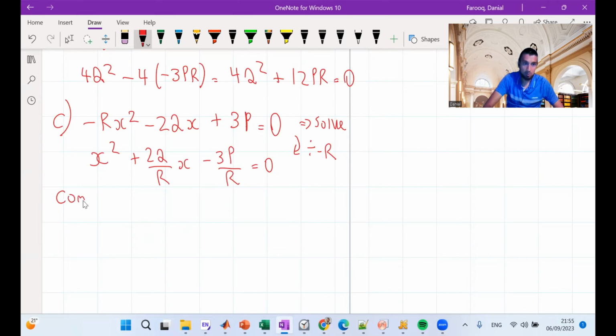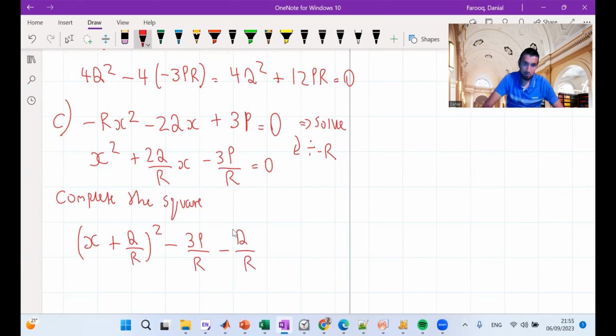Then we will complete the square. So then that would become x plus q over r, all squared, minus 3p over r, minus q over r squared, equals 0.